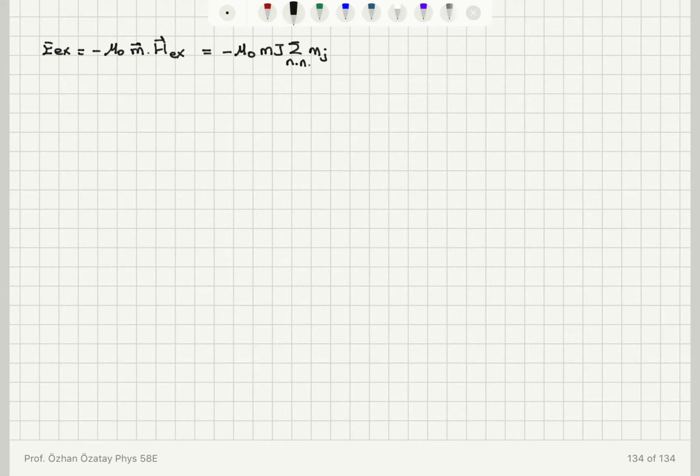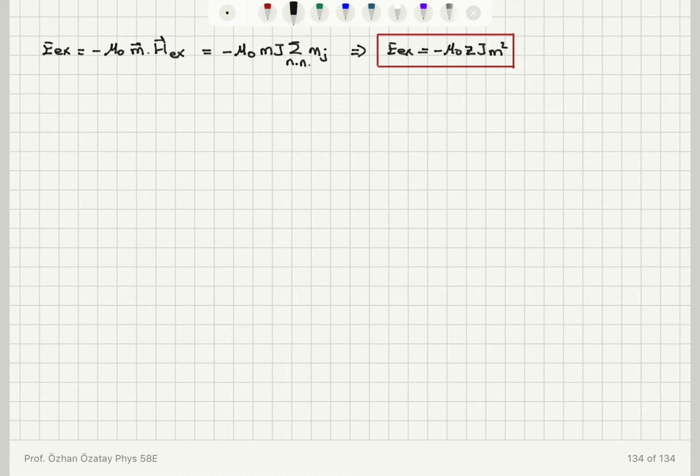Because all the nearest neighbors will have the same moment as our own atom, and we're assuming a coordination number Z, the summation will give us Z terms. For the exchange energy, this gives minus mu 0 Z J m squared, where m is the magnetic moment per atom. Here I'm assuming identical atoms, so identical magnetic moment per atom in the simplest possible case.